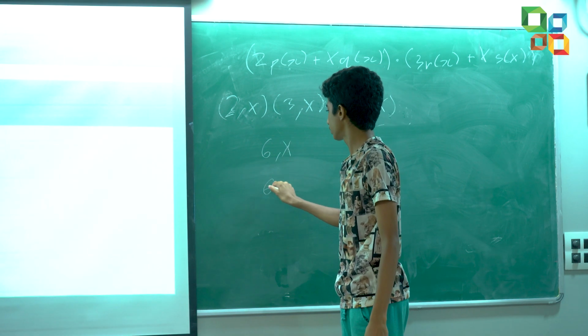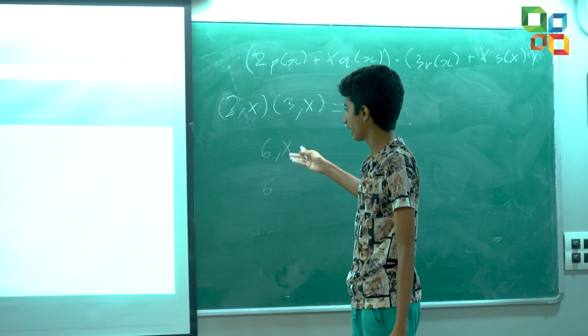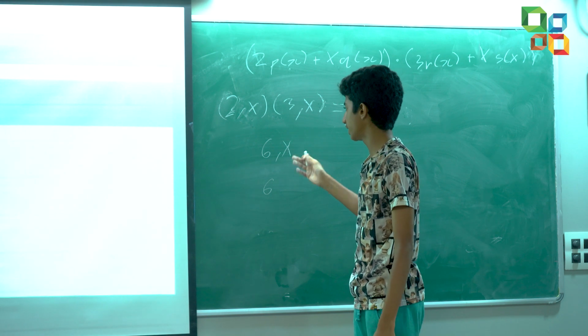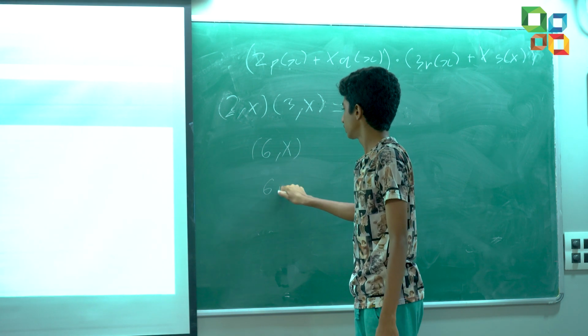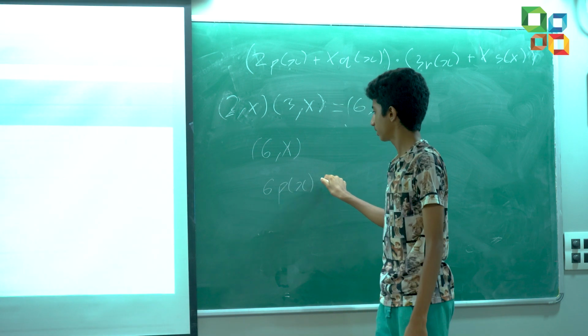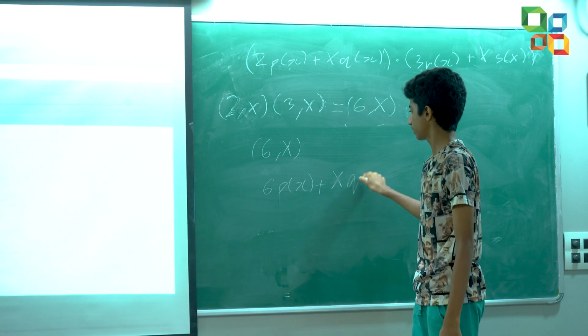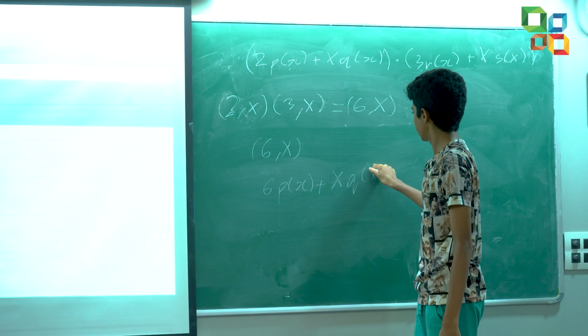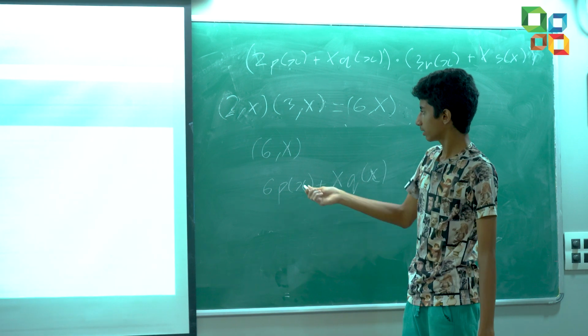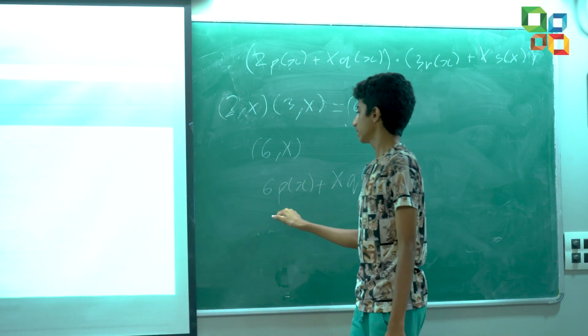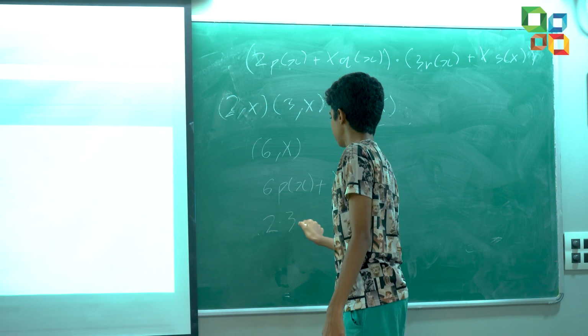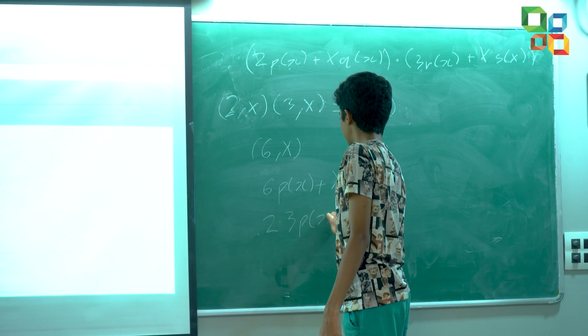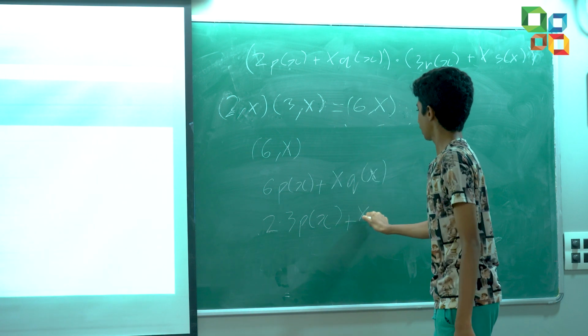Every element in this ideal is of the form 6p of x plus x q of x, right? And you can write this as 2 times 3p of x plus x q of x.